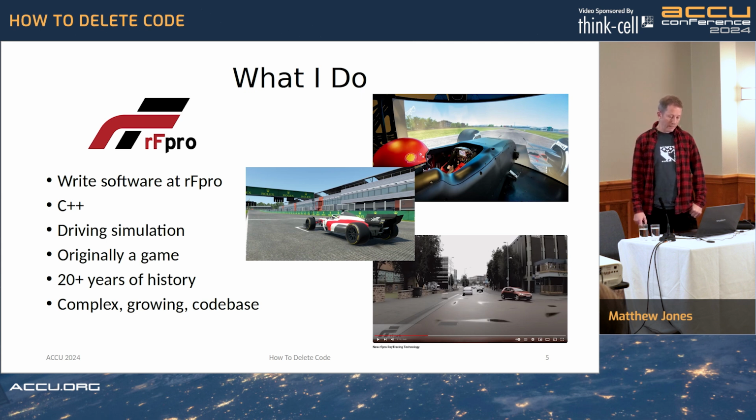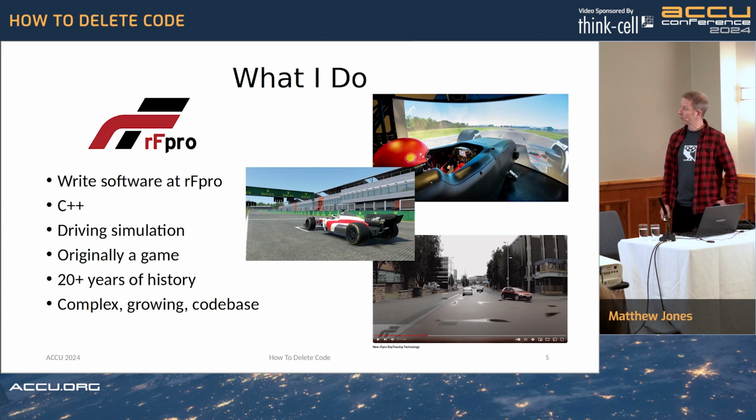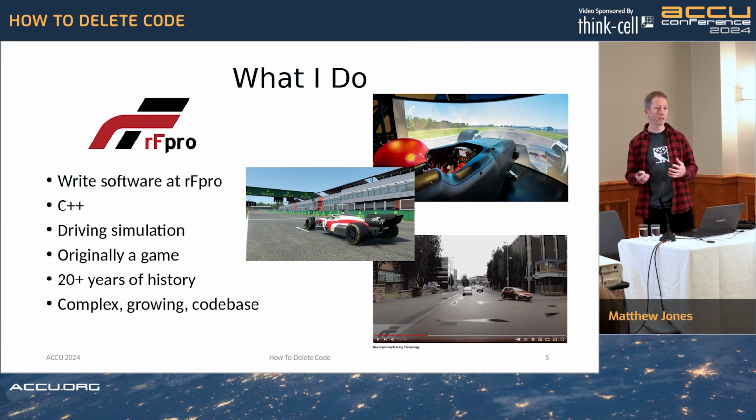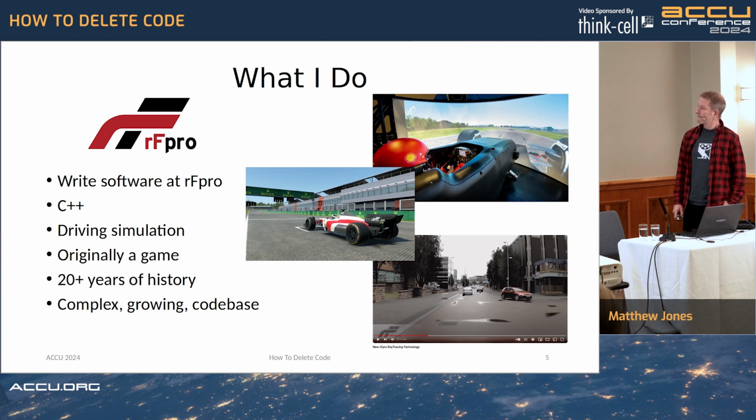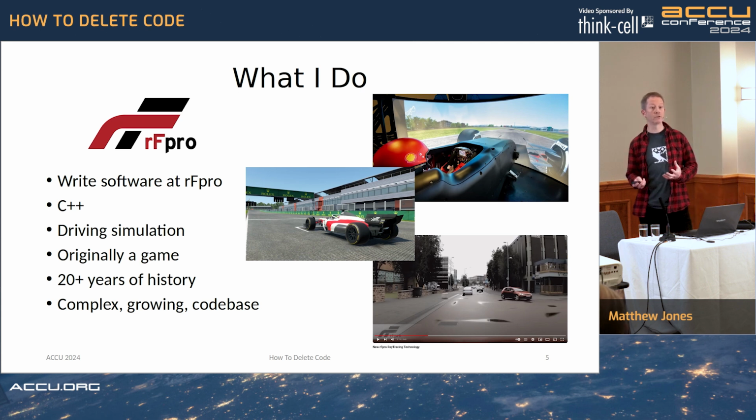So the code base is still moving forward. We're adding new features all the time. You can't really see the bottom right slide, but that's ray traced. It's not real time, but we ray trace images for cameras and stuff for AI autonomous vehicle sensors. It's very interesting, but challenging because it's an old code base, and being a game, there's a lot of dormant game features in there that we just don't need.